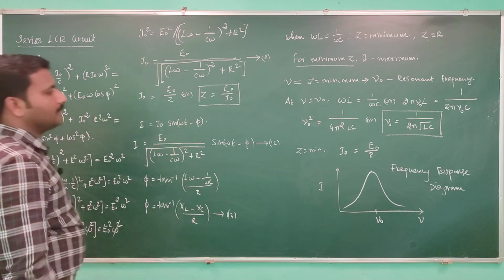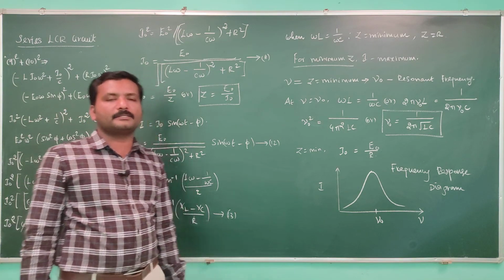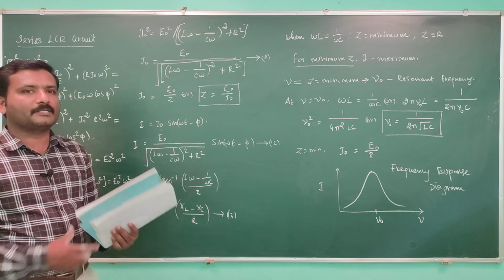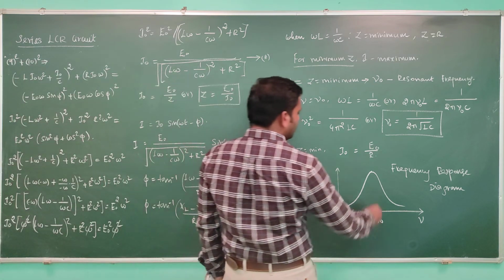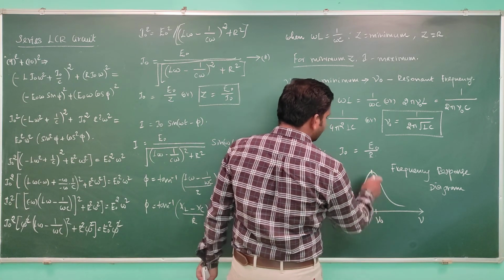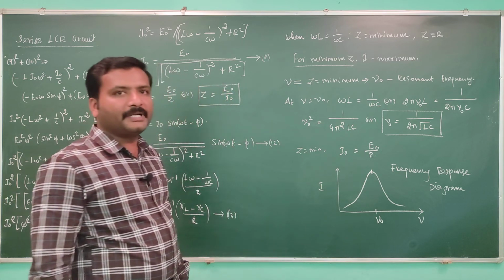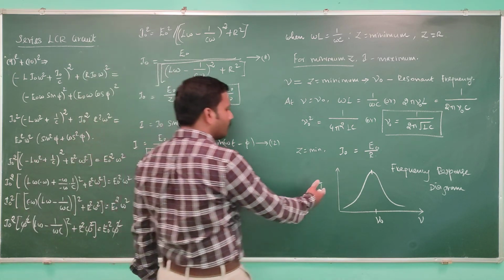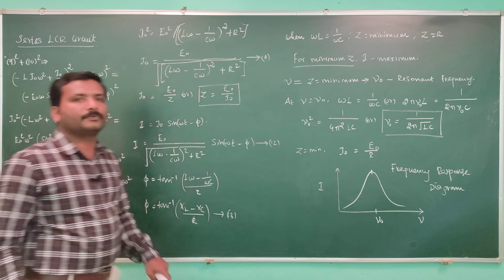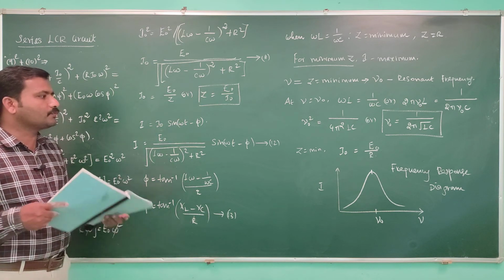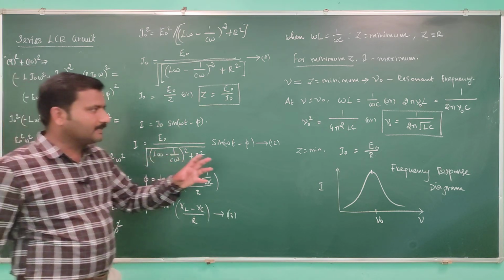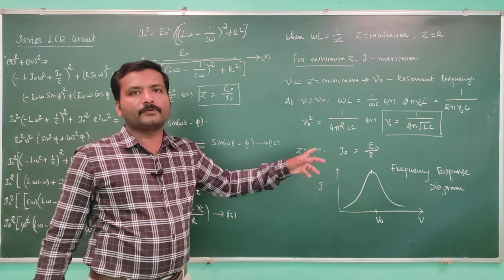This type of series LCR circuit is said to be an acceptor circuit. Why? At the resonant frequency, the impedance is low and the current flow is maximum. This combination is useful to tune the matching frequencies.